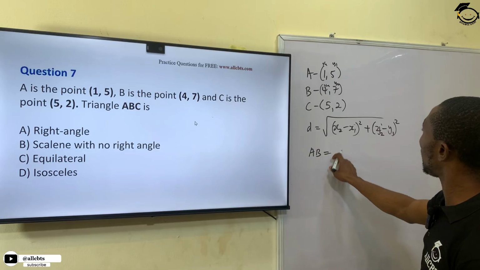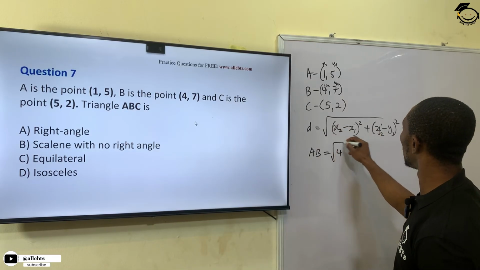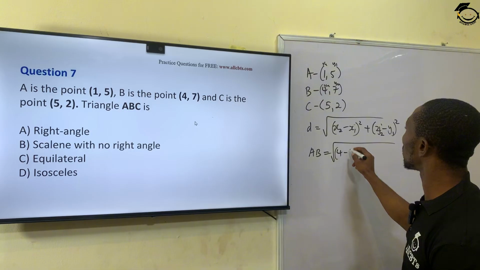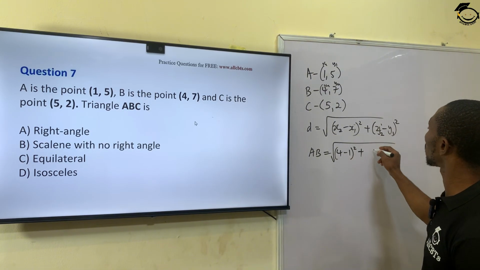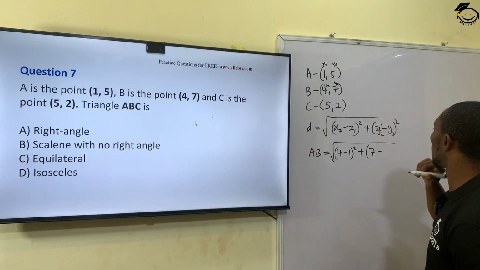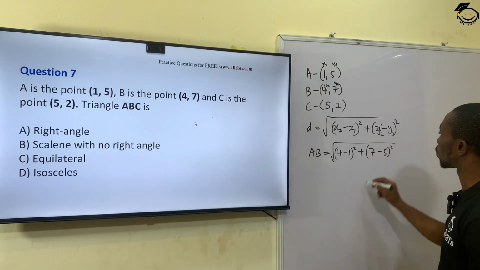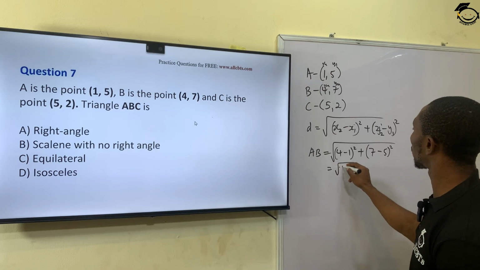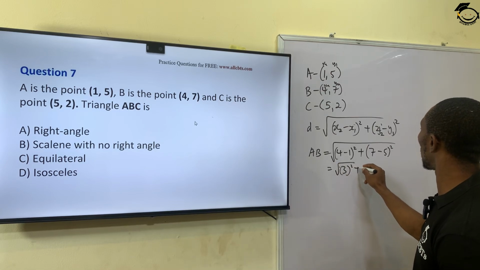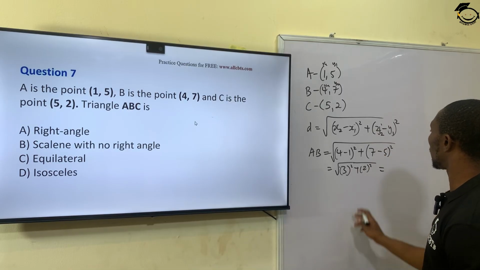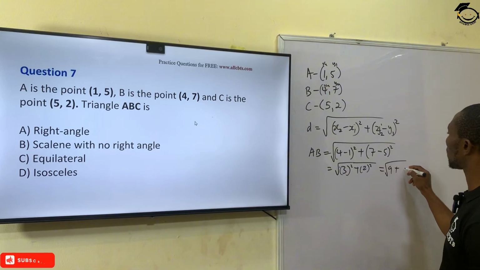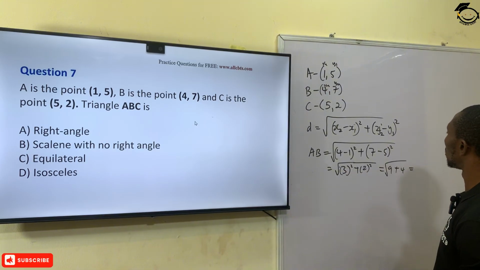Now for AB, our x2 is 4. This will become root of 4 minus 1 all squared plus 7 minus 5 all squared. So this will give us root 3 squared plus 2 squared, which will give us root 9 plus 4, which will give us root 13.